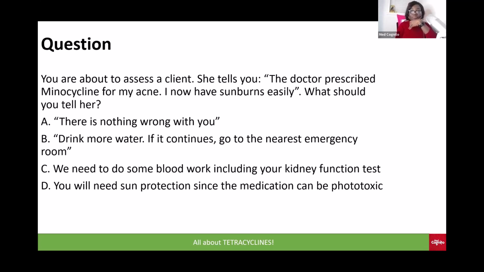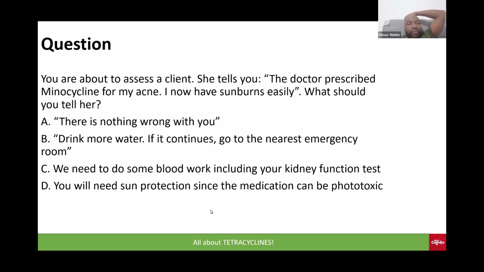B, drink more water. If it continues, go to the nearest emergency room. C, we need to do some blood work, including your kidney function test. D, you will need sun protection since the medication can be phototoxic.